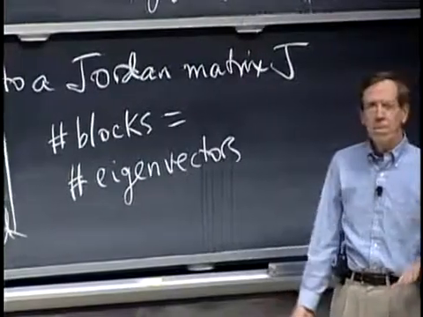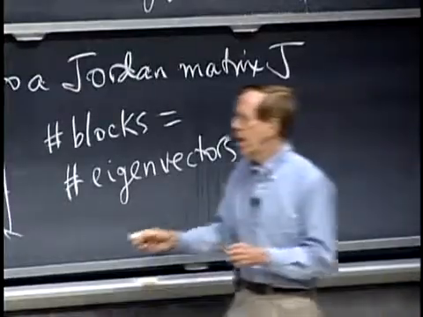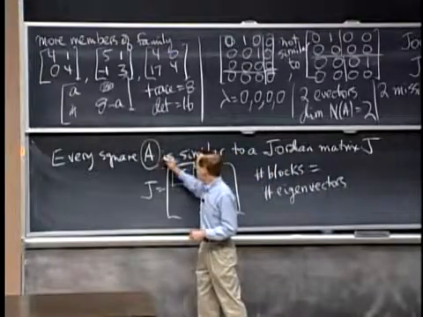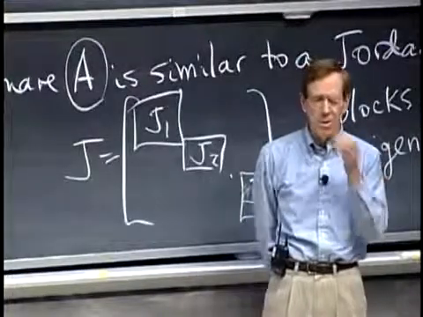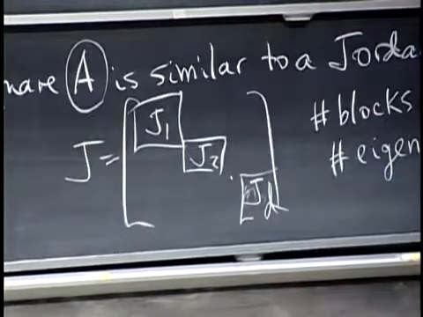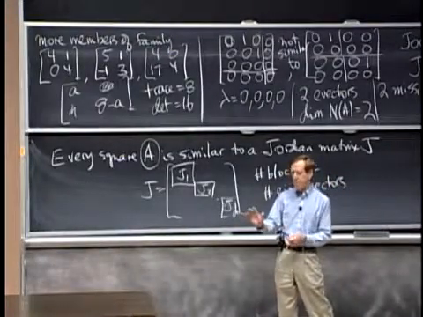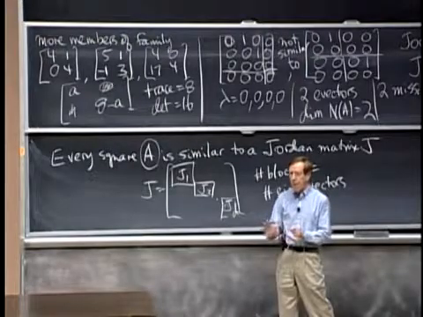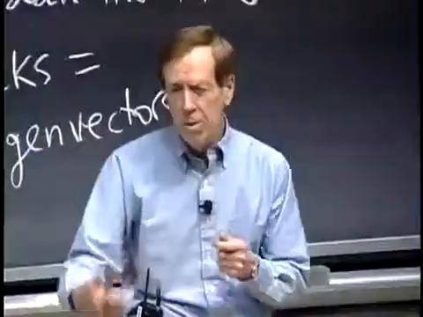So if I summarize Jordan's idea, start with any A. If its eigenvalues are distinct, then what's it similar to? This is the good case. If I start with a matrix A and it has n different eigenvalues, none of them repeated, then that's a diagonalizable matrix.